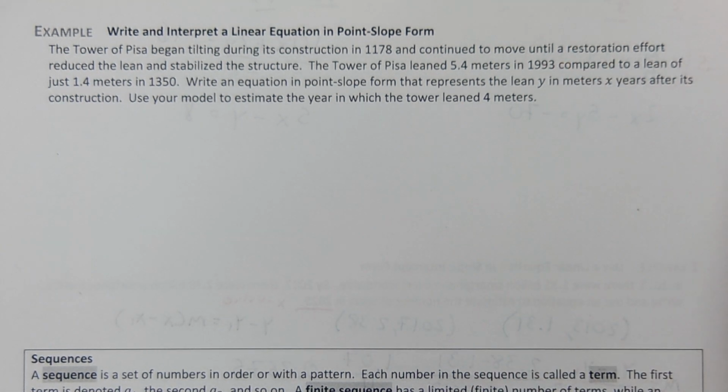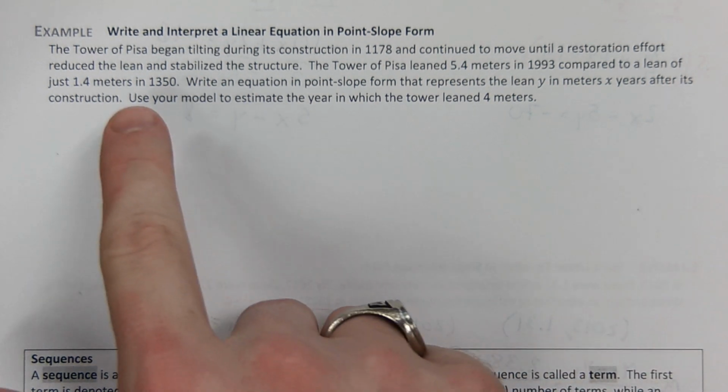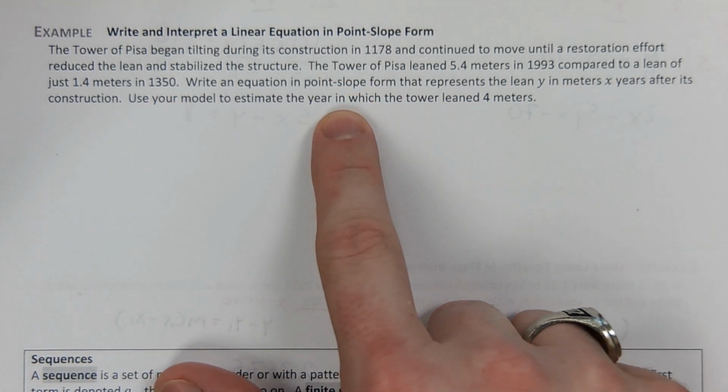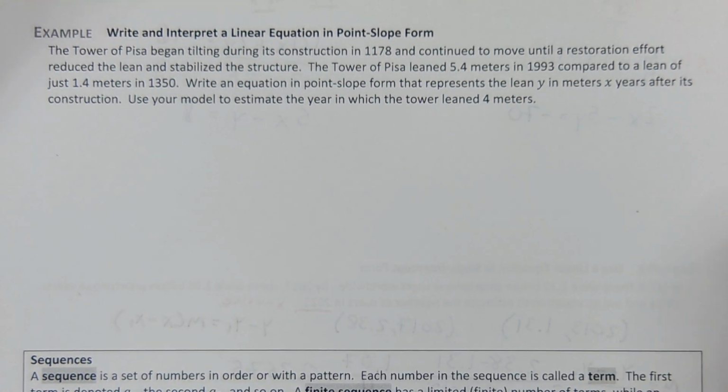The Tower of Pisa leaned 5.4 meters in 1993 compared to a lean of only 1.4 meters in the year 1350. Write an equation in point slope form that represents the lean, y, in meters, x years after its construction. So they've already told us the lean is y, the years are x. And after we have an equation, we're going to use that model to figure out what the year was when we were leaning 4 meters.